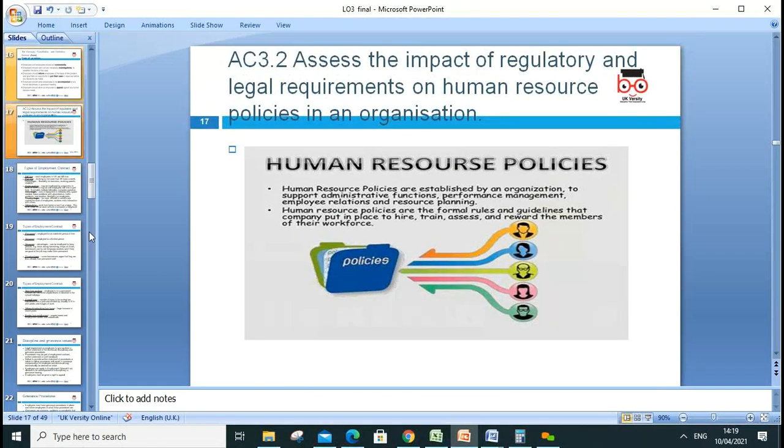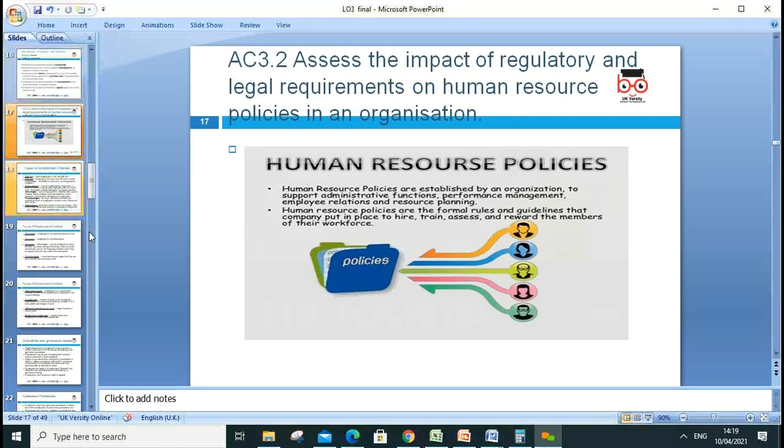3.2, assess the impact of the regulatory and legal framework. Human resource policies are established in an organization to support the administrative function, and performance management, employee relations and resource planning are crucial. Human resource policies are formal rules and guidance that the company puts in place to hire, train, assess, and reward the members.